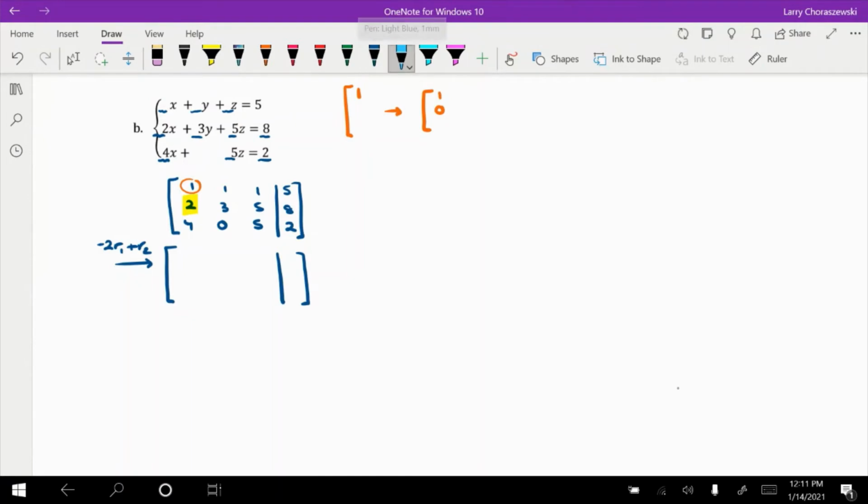Now off to the side, negative 2 R1 will turn those row 1 entries to negative 2, negative 2, negative 2, and negative 10. Now we're going to add it to the entries of our current R2, which is 2, 3, 5, and 8. Go ahead and add these down in column fashion.